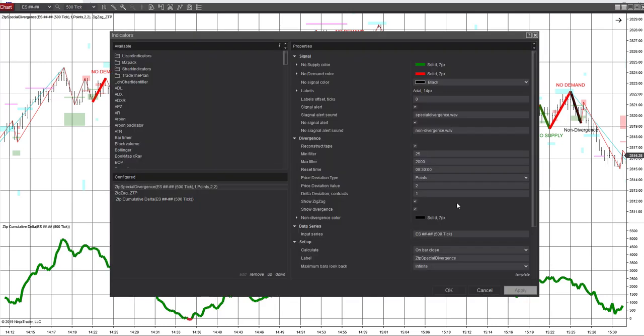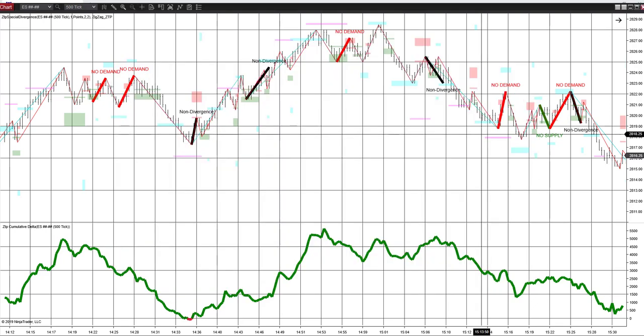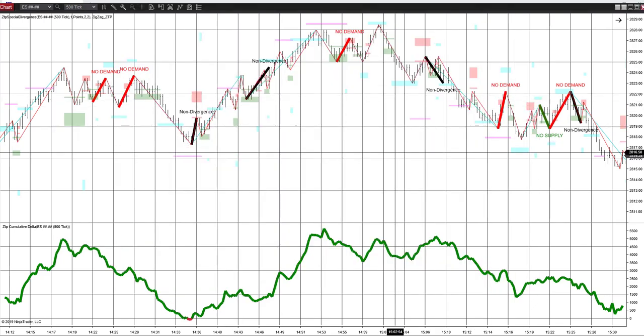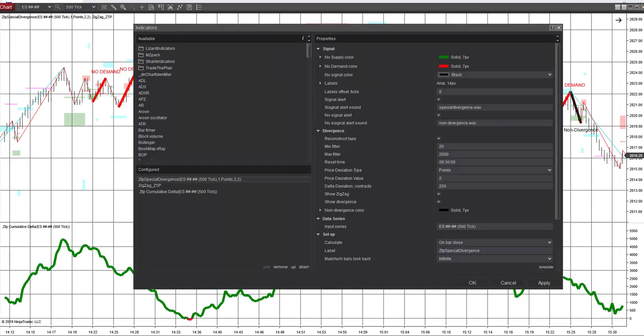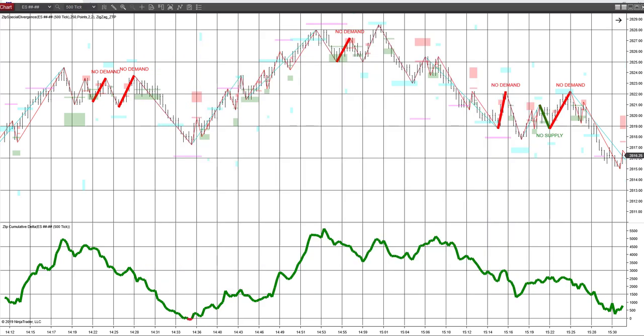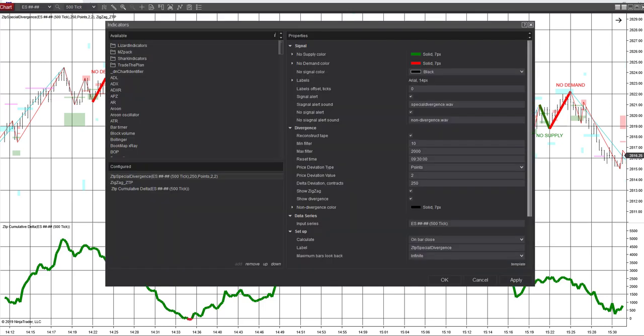If the deviation contracts was set at 1, we had an additional loss. We had 6 wins and 4 losses. With the deviation contracts set at 250, we had just 6 wins and 0 losses. So as you can tell, these numbers do make a difference.